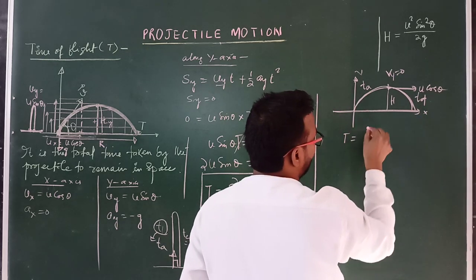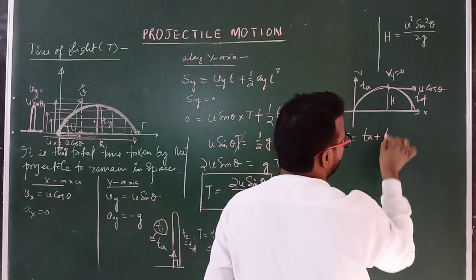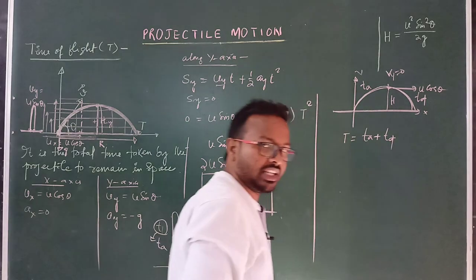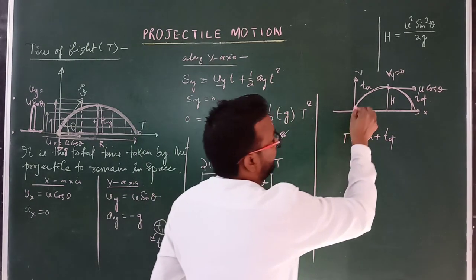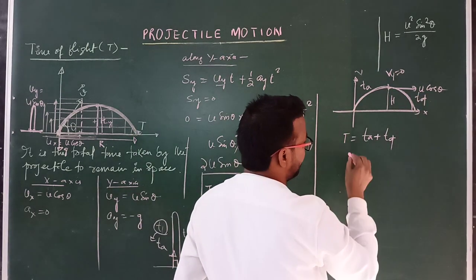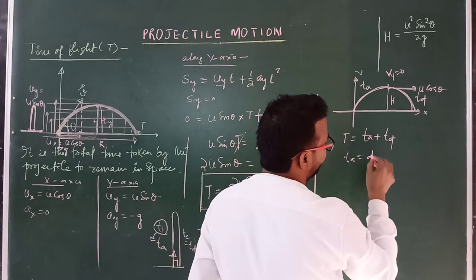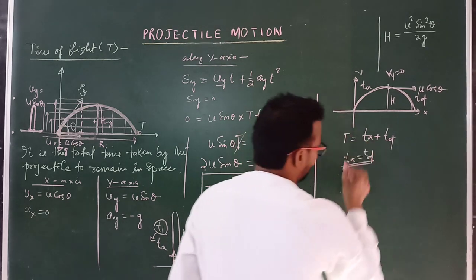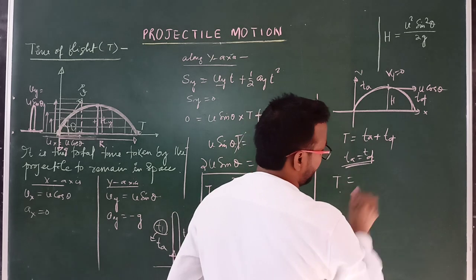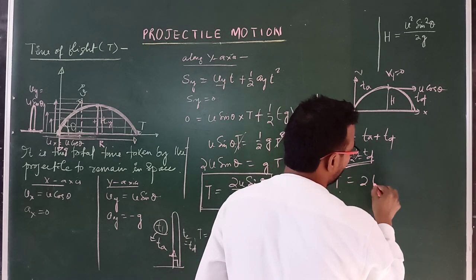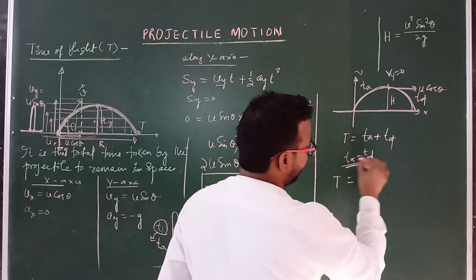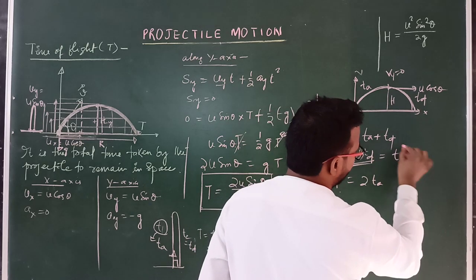So total time equals time of ascent plus time of descent. We already know that the time of ascent equals time of descent, that means ta equals td. So this equation can be written T equals how much? That is 2ta, or ta equals td equals small t.